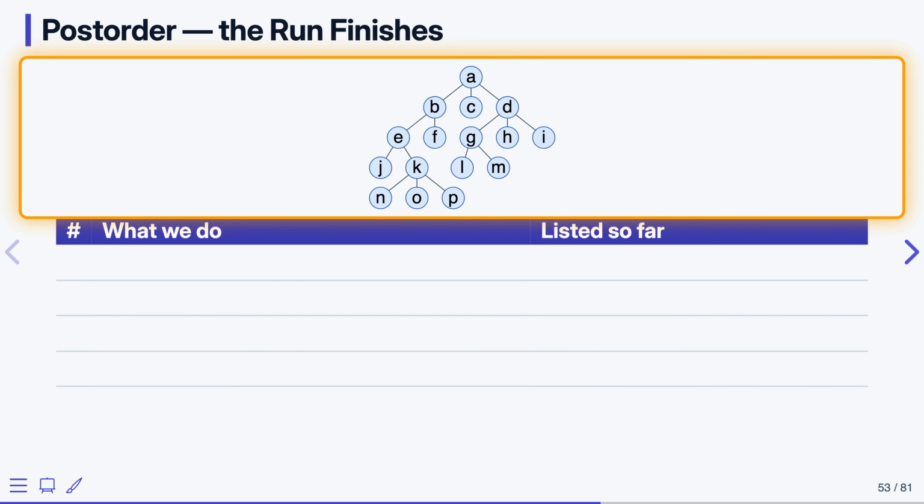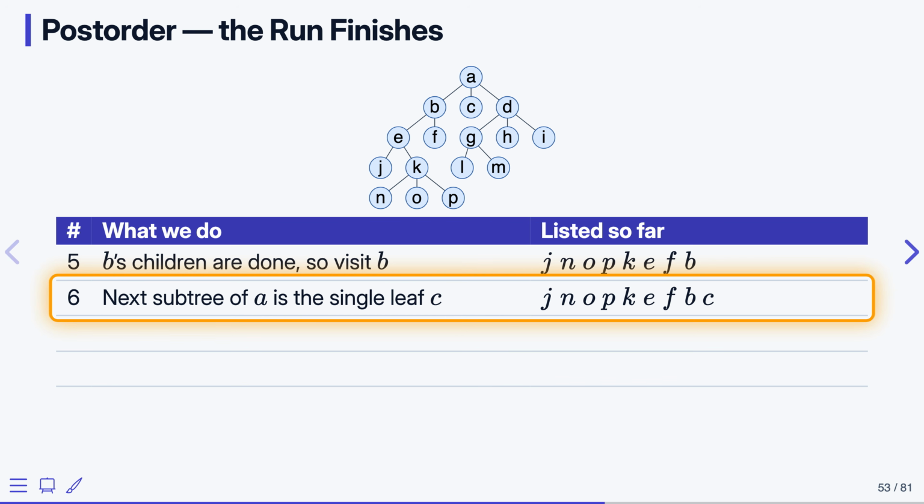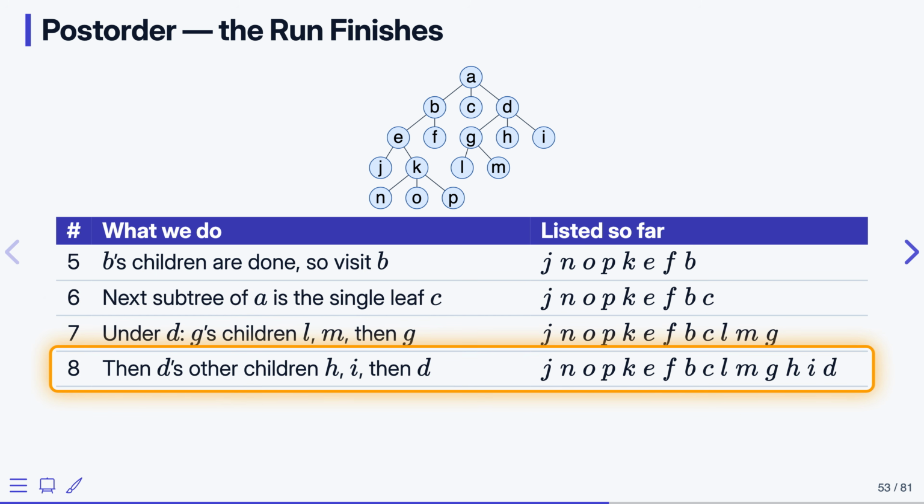We finish the Postorder run. Before we do, pause the video for a moment and guess which dot will be listed last. Step 5. Both of B's children are now done, so we visit B. Step 6. The root's next subtree is the single dot C, so we write down C. Step 7. Now the subtree at D. Inside it, G's children L and M come first, and then G. Step 8.